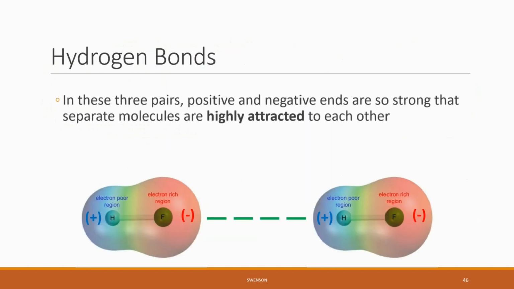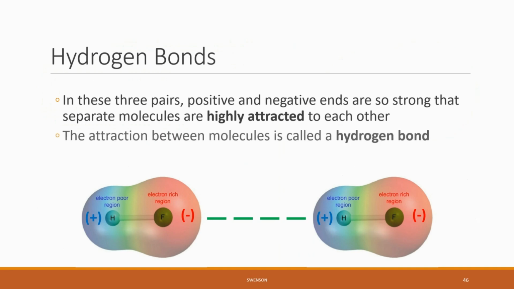Okay, so as we discussed earlier, molecules that have a strong dipole moment can be attracted to each other. And in these three pairs, positive and negative ends are so strong that separate molecules are highly attracted to each other. The attraction between molecules is called a hydrogen bond. Here's this extra bond we're denoting with the green dashes between the hydrogen of one molecule and the fluorine of another.